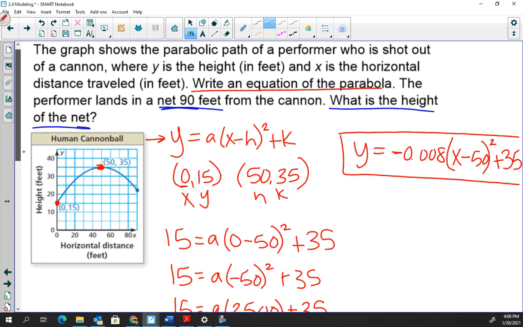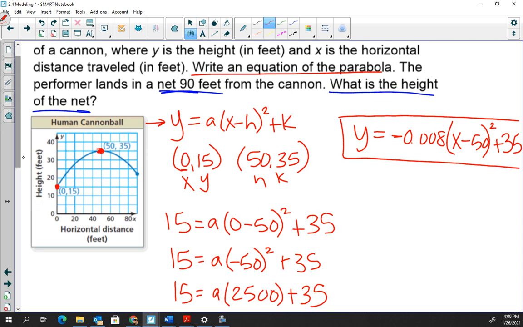So what's next? It asks us what is the height of the net. So we're told that there's a net 90 feet away from the cannon that the person lands in. We want to know how high is that net. Well, all we're going to do is take this information right there. The net is 90 feet from the cannon, and we're going to plug that into our equation.